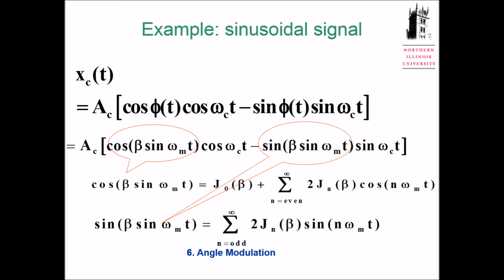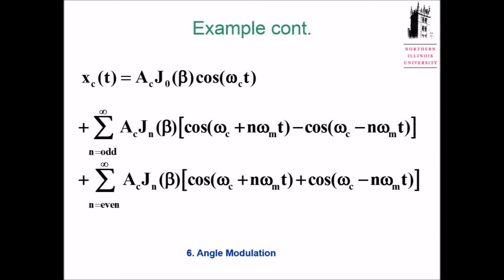And we combine the cosine and sine terms together. So we have A0, which actually will be your carrier.